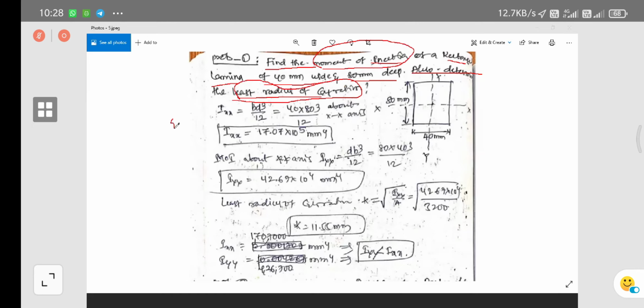A small definition for radius of gyration. This is one elemental area, or otherwise elementary mass, which has capital A as area, or otherwise you take the total mass or total area. If it is mass, you go for finding the mass radius of gyration. If it is an area object, you consider the area radius of gyration.